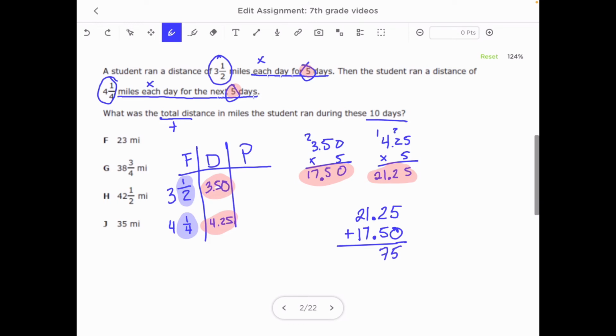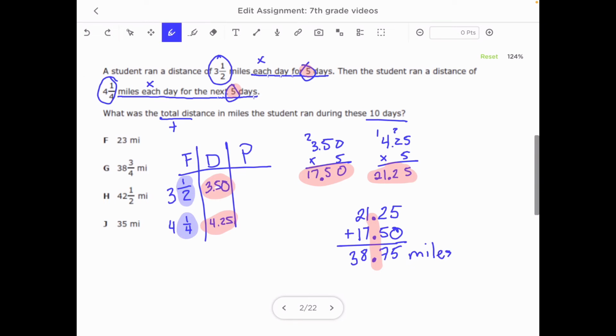That's going to be 7 right there. Don't forget to drop your decimal. Remember that when we're adding, we line up our decimals. 7 plus 1 is 8. And then that'll be 3. So this is how many miles the student ran in total. Sorry, that's supposed to be an E and an S.